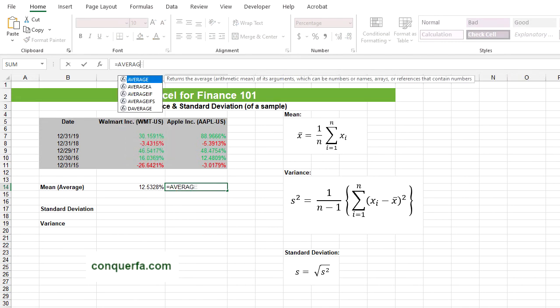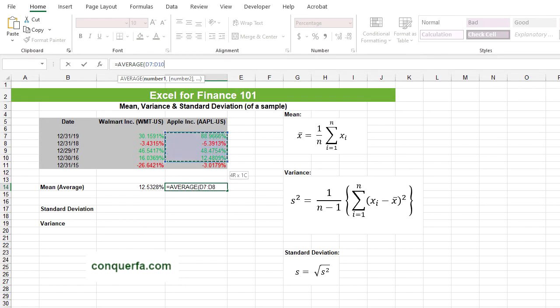Similarly for this column for Apple, we'll do the exact same thing. Equals average, the bracket, and press enter. So that's going to give us 28.3% for that one.